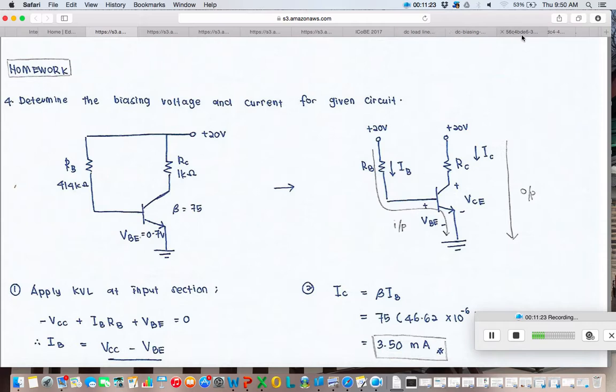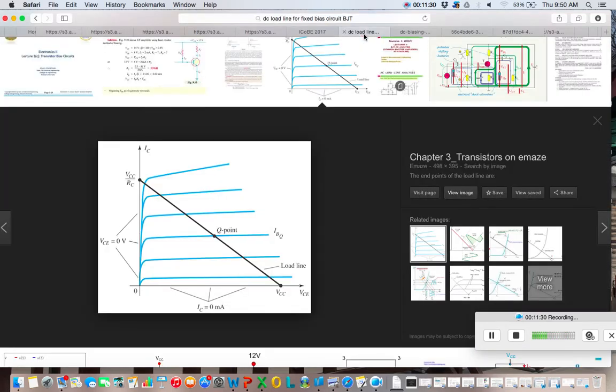Now we move back to, before I forget, I want to say something about the DC load line. This is an example of a DC load line. For what type of circuit is this? Is it for a fixed bias circuit or an emitter stabilized bias circuit? The first one, fixed bias circuit. Why?